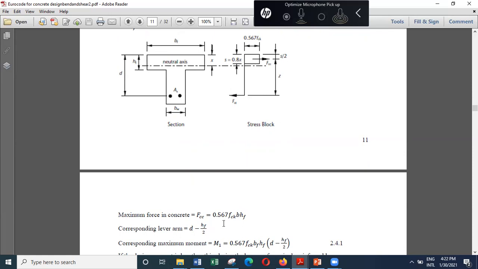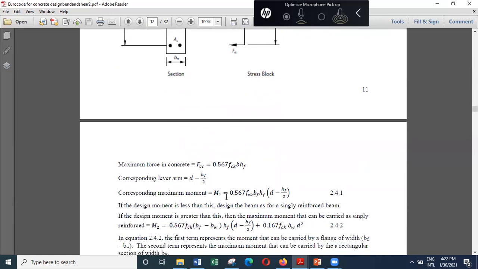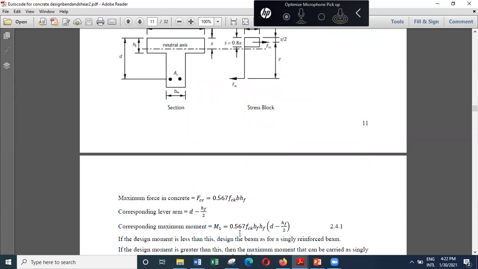So the maximum moment that this flange section can carry is equal to 0.567 fck multiplied by the breadth of the flange, depth of the flange, multiplied by the Z value. The corresponding Z value is d minus Hf over 2.